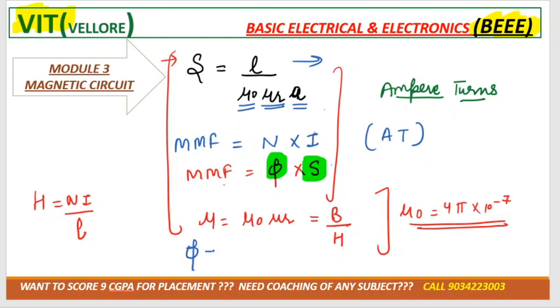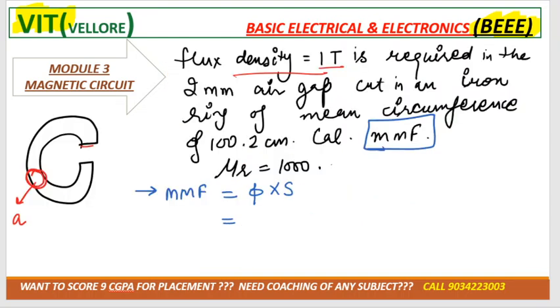I'm writing all the formulas here. You can mark this heading as all the formulas related to this. Phi is equal to B into A, so MMF is phi into S, which is B into A into S. Now our main aim is to calculate S, because the flux density they have already given, that is 1 Tesla.